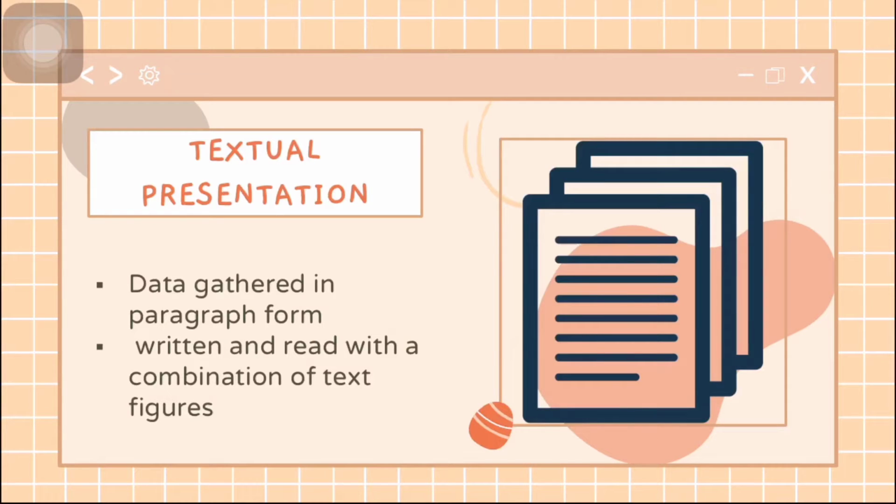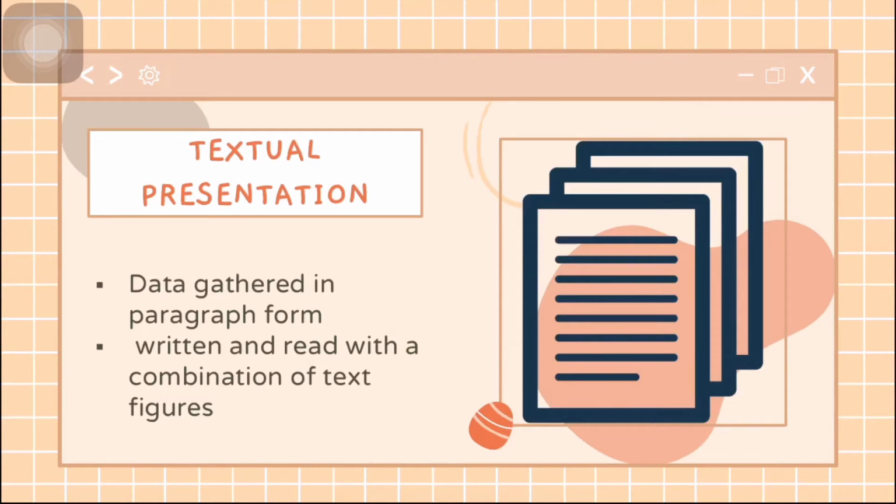Textual presentation is data gathered in paragraph form, written and read with a combination of text and figures. In other words, from the word itself, data is represented in the form of a paragraph, which combines text and figures.